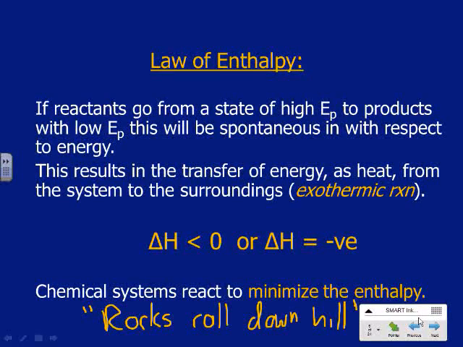Fundamental law of the universe. And we see it everywhere. So if we have a chemical reaction that has a negative delta H, it's exothermic, then it has the potential to be spontaneous.